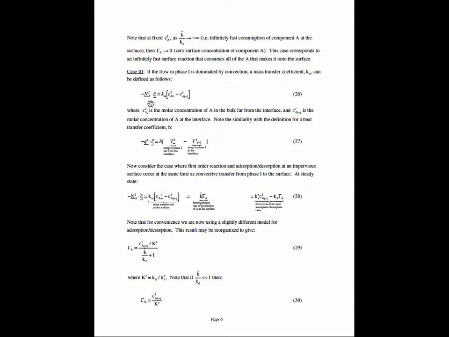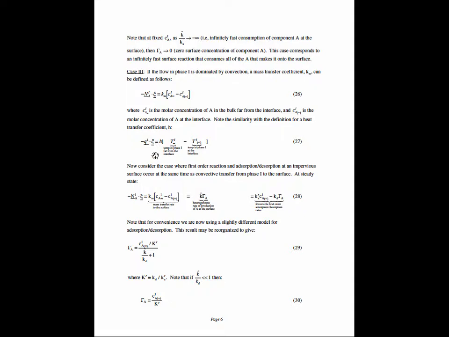And in this case, it's very typical to define the mass flux in terms of a mass transfer coefficient Km, and to write that mass flux in terms of a driving force, which is the difference between the concentration of A far from the surface, that is in the bulk, minus that at the surface. We'll learn later on in boundary layer theory how to actually calculate these mass transfer coefficients. As you might anticipate, they'll depend on things like the Reynolds number and so forth.